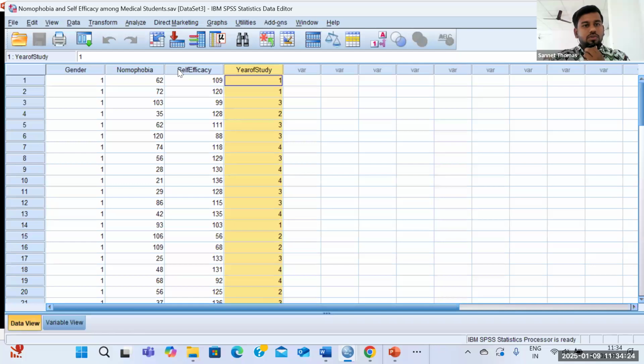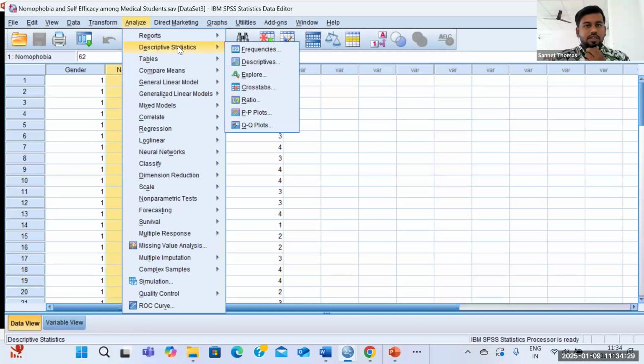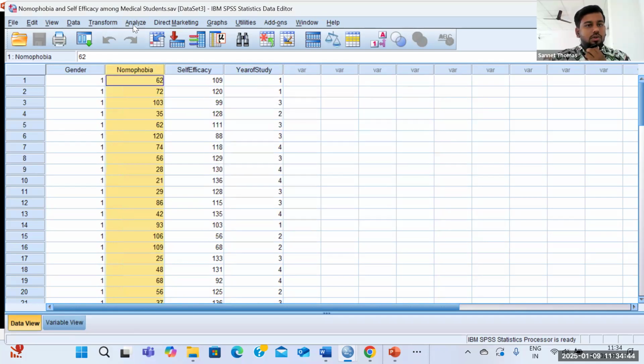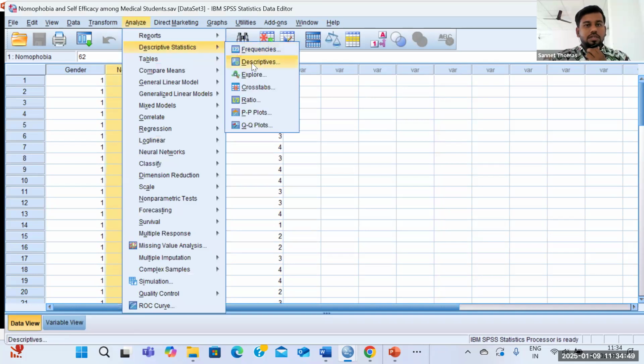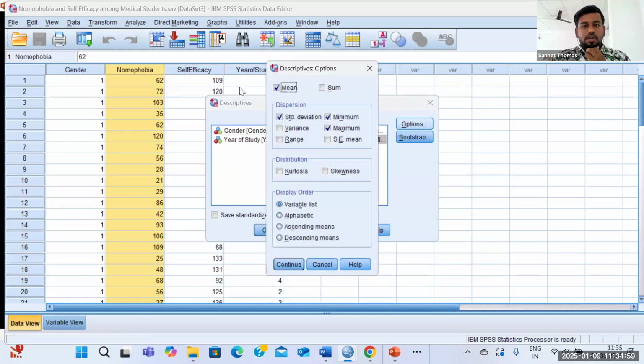Suppose you want to do descriptive statistics, for example the mean value and median value. With the help of SPSS, you can analyze the data. If you click on Analyze, you can see Descriptive Statistics. Click on Descriptives, then the variables nomophobia and self-efficacy, then the options.